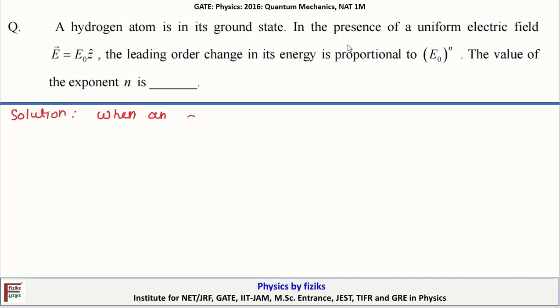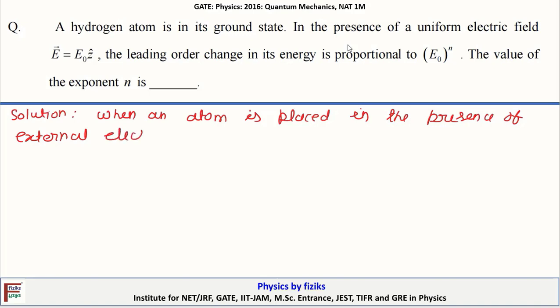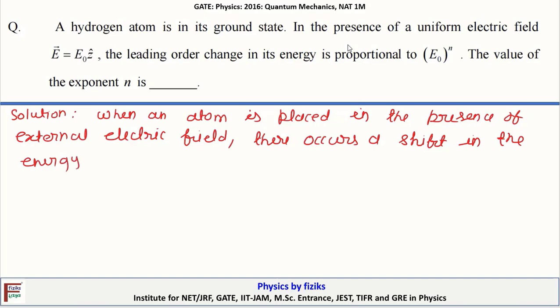When an atom is placed in the presence of an external electric field, there occurs a shift in the energy levels of the atom.